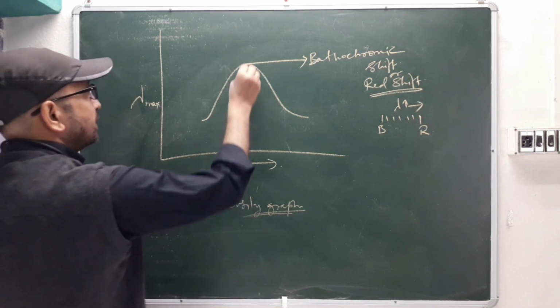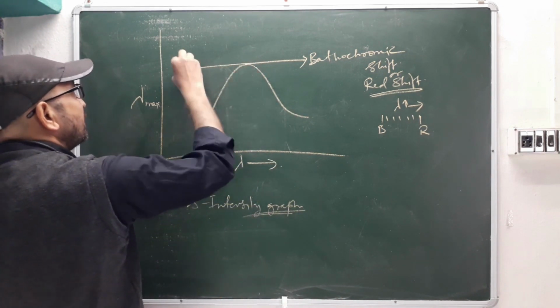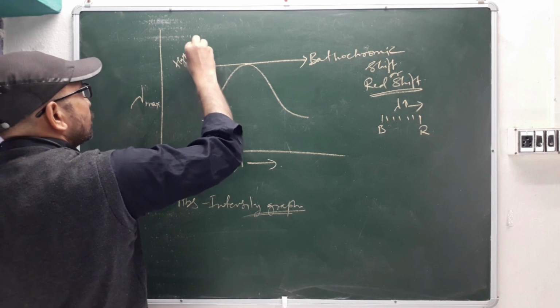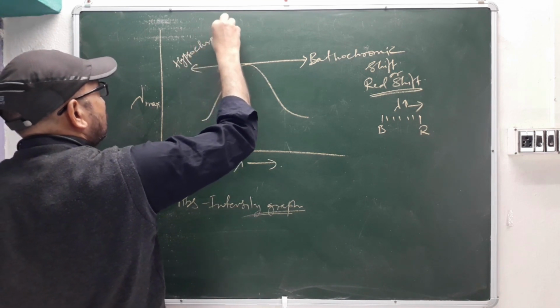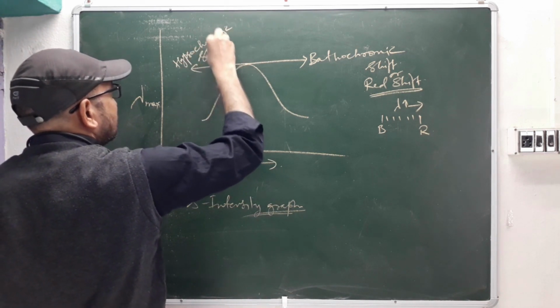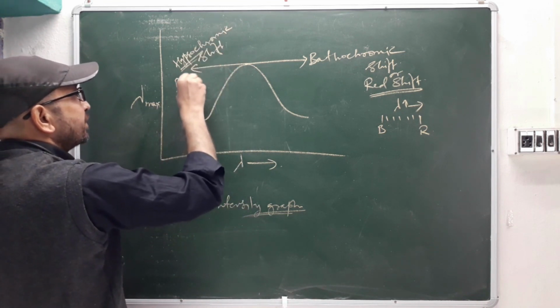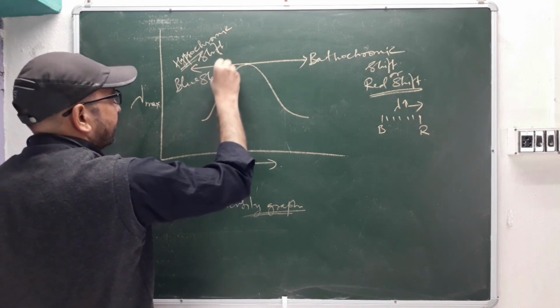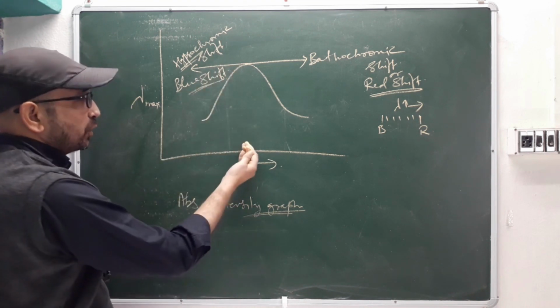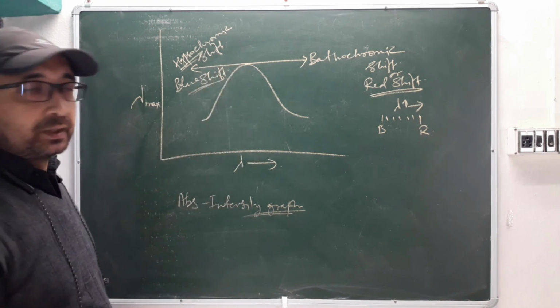Likewise, this one will be the hypsochromic shift. We call it blue shift. Blue shift means your wavelength is getting decreased, right?